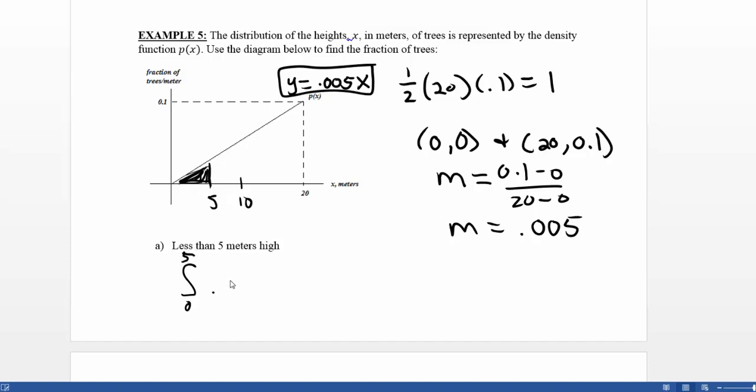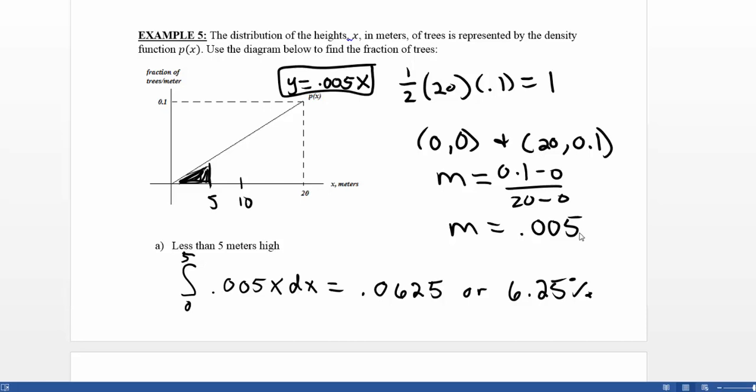We're going to integrate our density function, 0.005x dx. This is a definite integral, so we can either do it by hand or we could plug it into the calculator. Either way would be fine. And we will get 0.0625, or equivalently 6.25% of trees are less than 5 meters high.